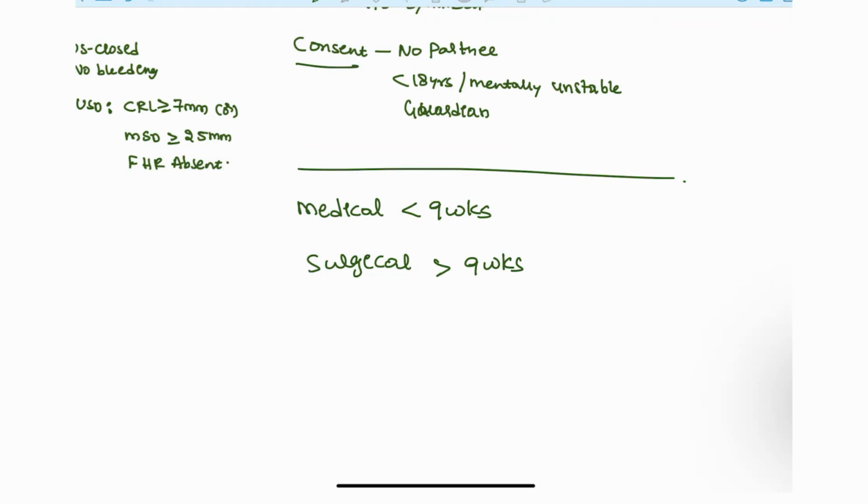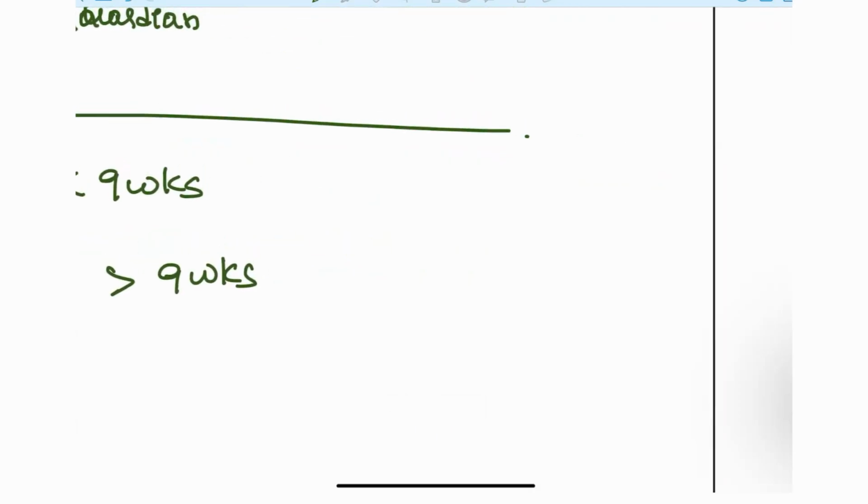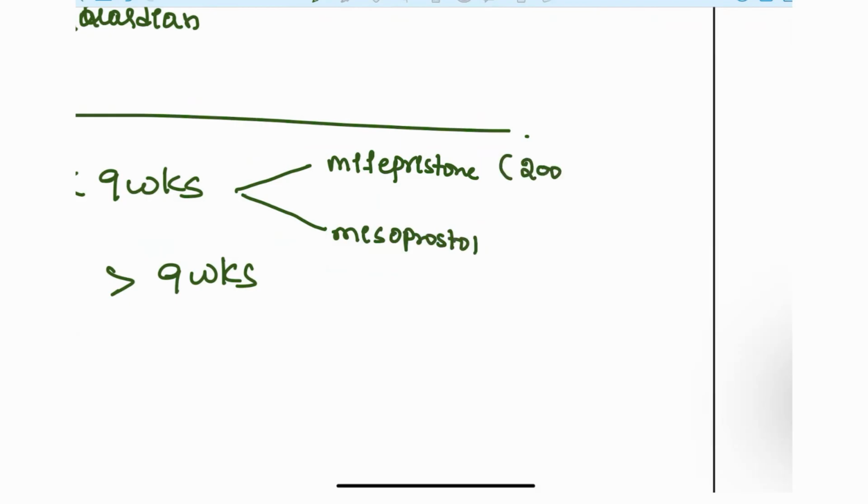Medical abortion. In this medical abortion, what are the drugs that we are going to give, guys? We are going to give two types of drugs. First one is mifepristone, and next one is misoprostol. Mifepristone dosage is 200 milligrams, one dose is fine. And coming to the misoprostol, it is given as 800 micrograms.